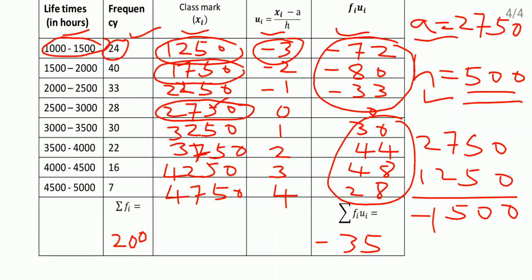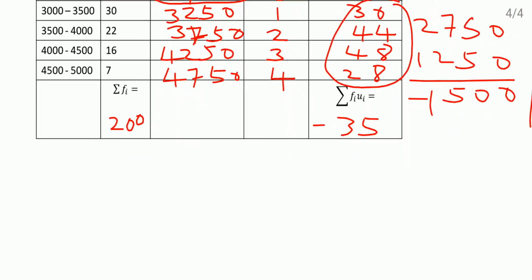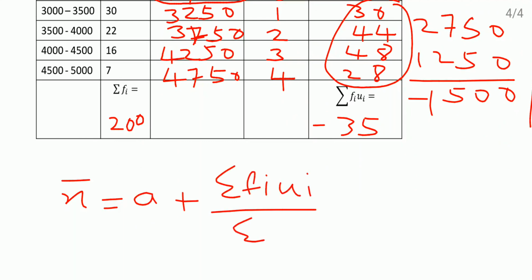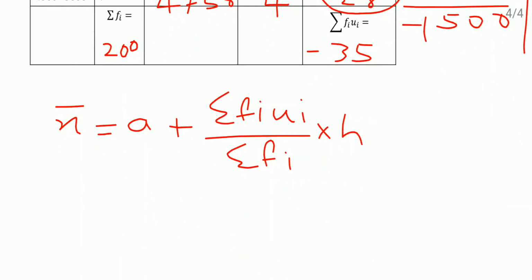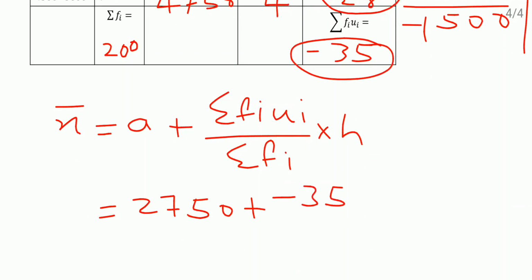Okay. Now we will use the formula for the mean, right? For the step deviation method, the formula is A plus sigma Fi Ui divided by sigma Fi, into h. Now we'll substitute the values here. A is 2750, plus sigma Fi Ui, which is minus 35, divided by 200, into h, which was 500.